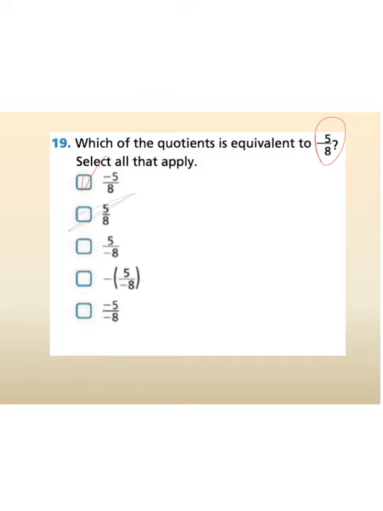We don't want this one because it's not negative. Okay, and we want this one, 5 divided by negative 8. Okay, we have a negative 5 divided by negative 8. Two negatives give us a positive. We don't want that one. And then two negatives give us positive again, so we don't want that one. So all we want is A and C.